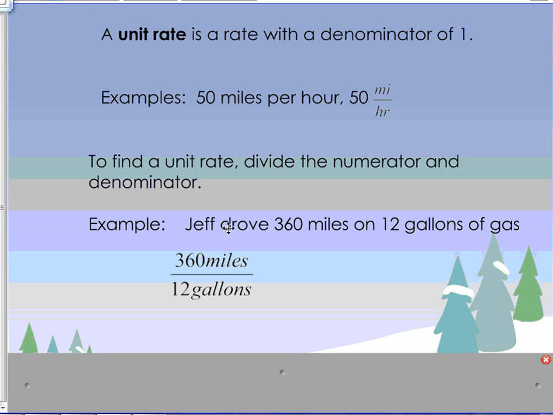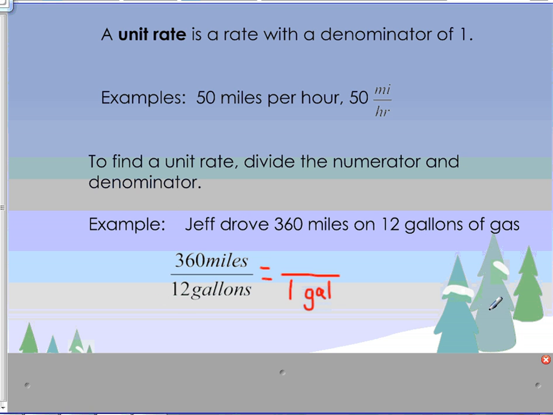So for example, Jeff drove 360 miles on 12 gallons of gas. Well, our goal is to get the denominator to be 1 gallon. So we want to figure out how many miles it would take for 1 gallon with this ratio.